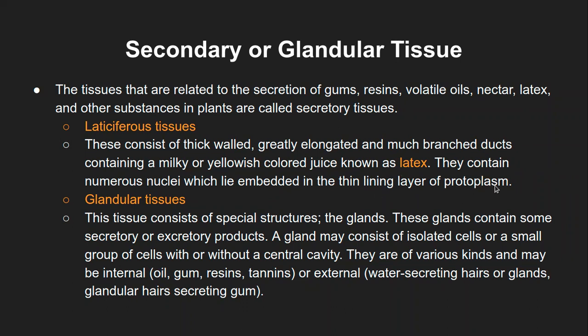Protoplasm is nothing but the cytoplasm; in the earlier version, we call it protoplasm. So this is your latissiferous tissues. Again, you need not remember every part of this paragraph, but what you should know is that latissiferous tissues are specialized tissues which secrete the latex, and latex is the milky juice that is secreted by the plant.